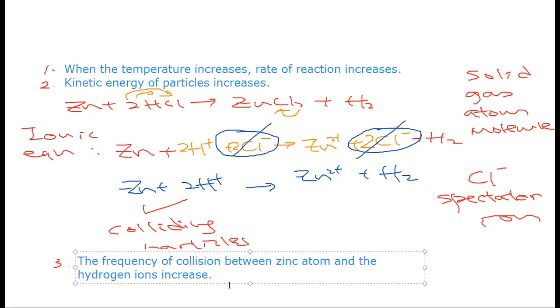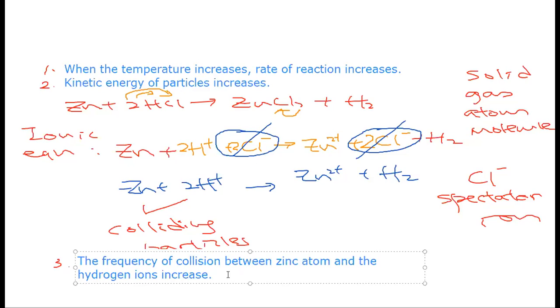Now, collision means this zinc atom and the hydrogen ion hit each other. When they achieve the 2 requirements just now, the activation energy and the correct orientation, the products will be formed.